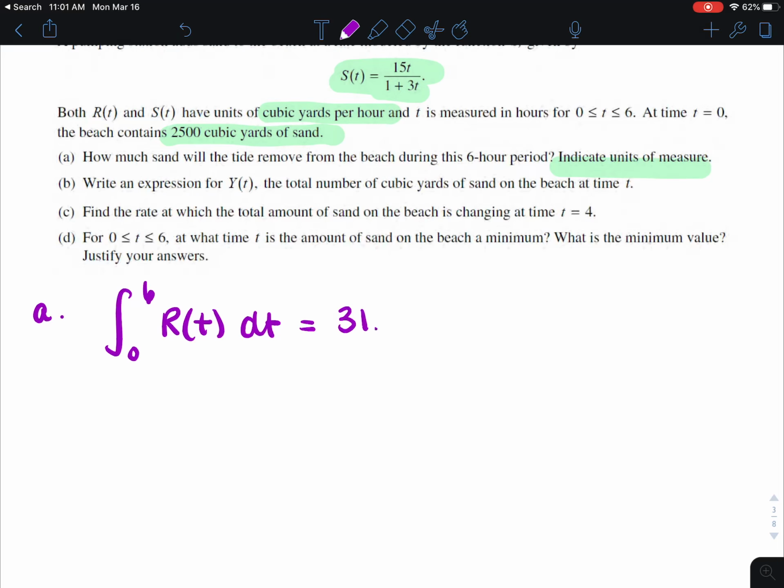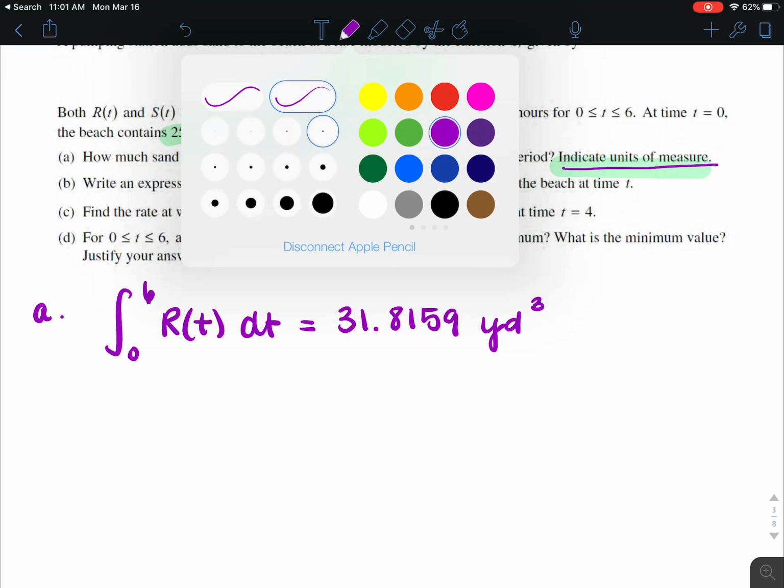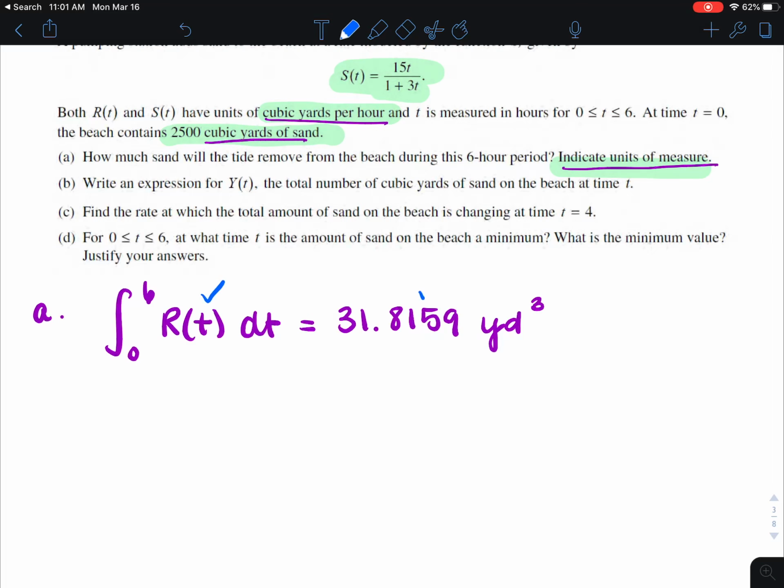And so we should get 31.8159. It does say indicate the units of measure, and since we were cubic yards per hour, this is going to be yards cubed. This question was worth 2 points, one for the integral and one for the answer with units.